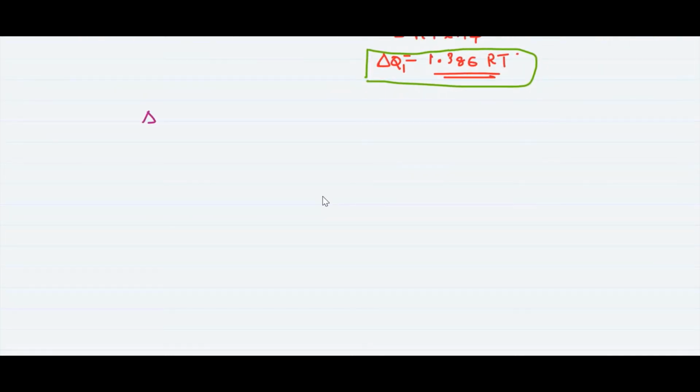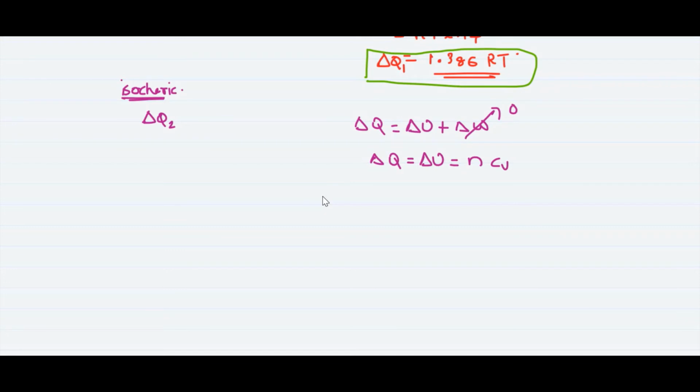ΔQ2 is an isochoric process. So by thermodynamics, ΔQ is ΔU plus ΔW. In an isochoric process the work done is 0, so this goes to 0, and then ΔQ is ΔU, which is equal to nCv ΔT. Here n is 1, so that goes, and Cv is 3/2 R for monatomic.